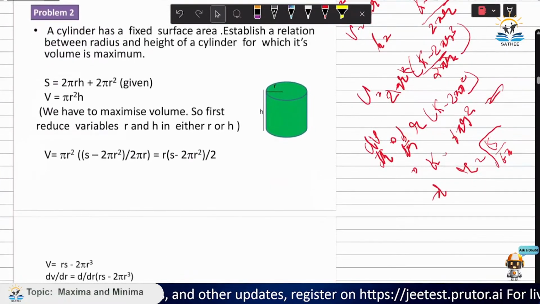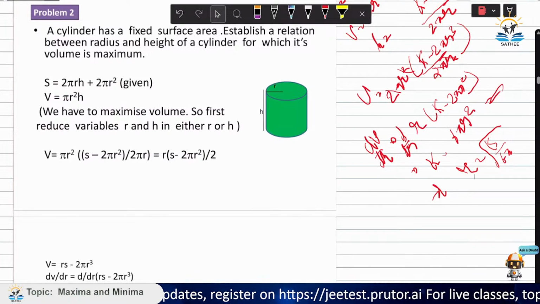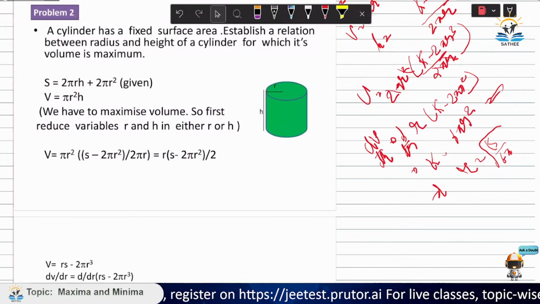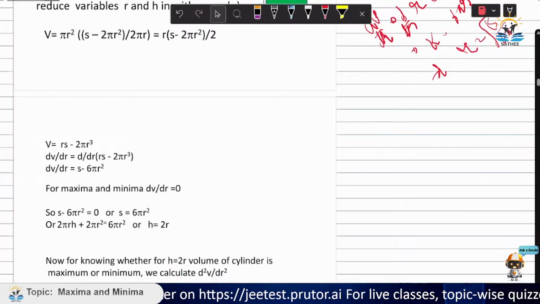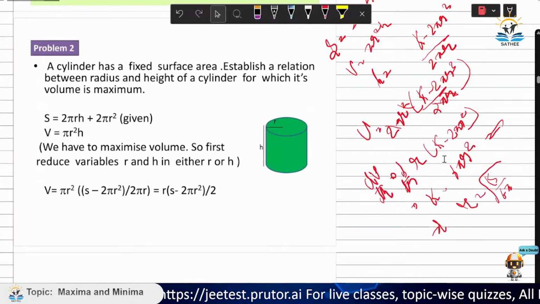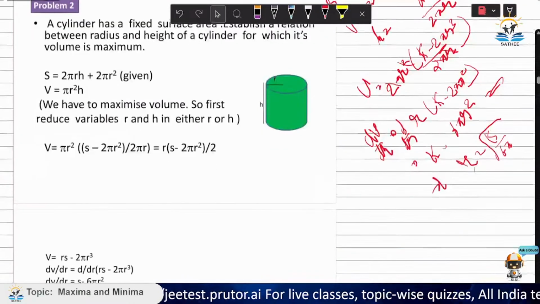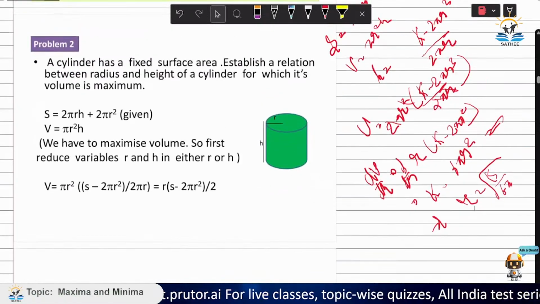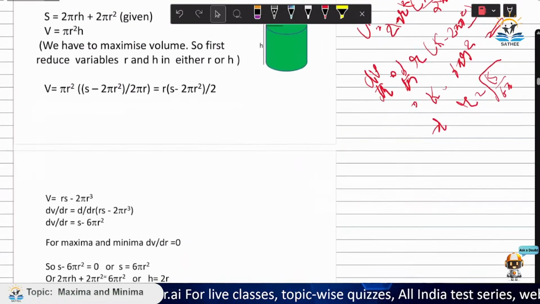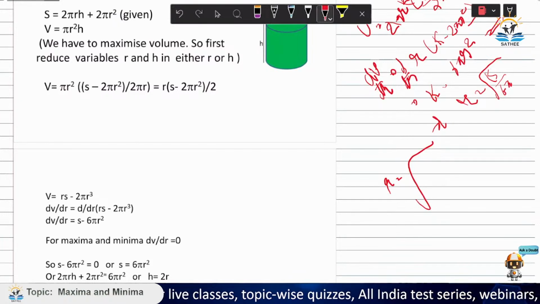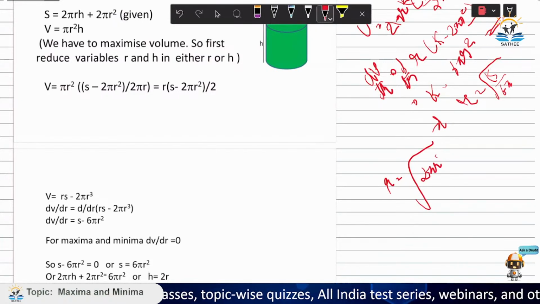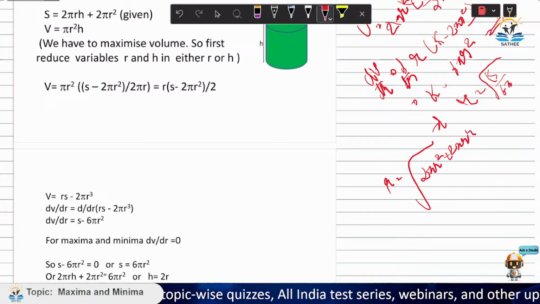What came to us was, for maximizing the volume with respect to R, R's value should be K by 6 pi. So what is the question exactly? Establish a relation between radius and height. Okay. So radius is equal to the square root of K by 6 pi. We know the value of K, right? K is 2 pi R square plus 2 pi RH.